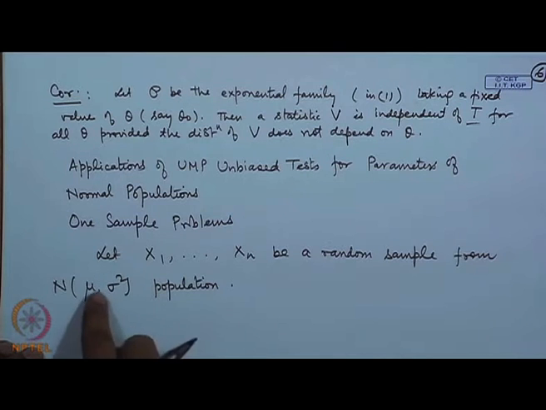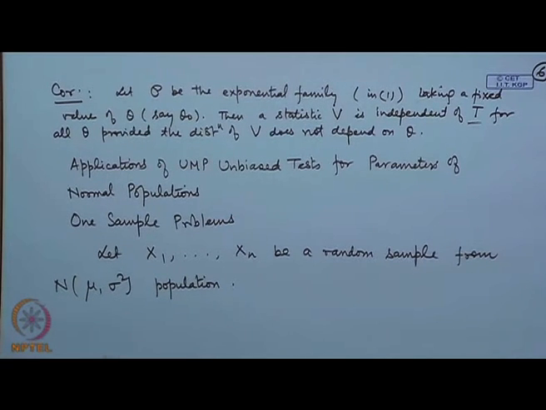Remember here, I have discussed this normal distribution earlier also. I have considered testing for the mean of a normal distribution, testing for the variance in a normal distribution. But the crucial difference was that when I was testing for the mean, I had considered variance to be known, and accordingly the tests which were either UMP for H 1 and H 2 and for H 3 and H 4 it was UMP unbiased, we had obtained.